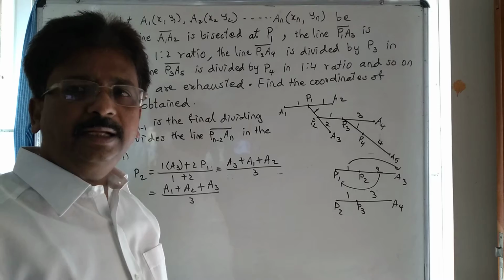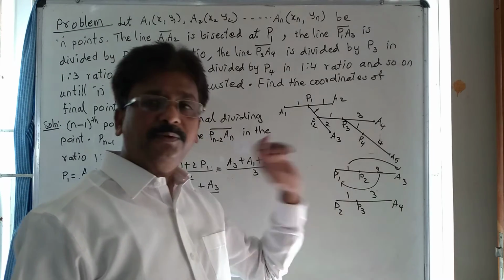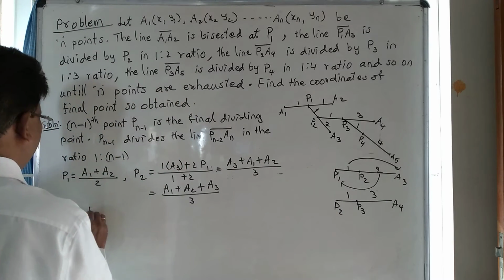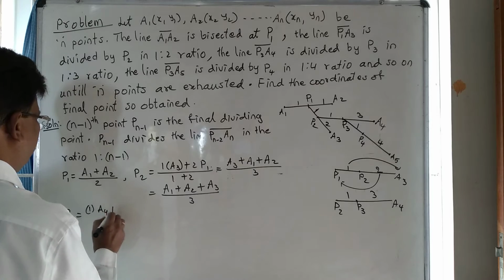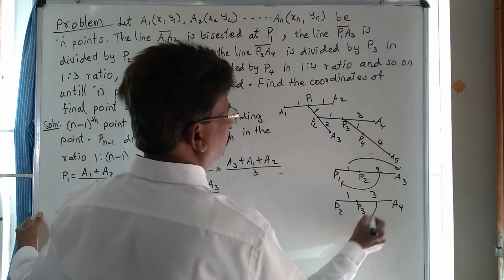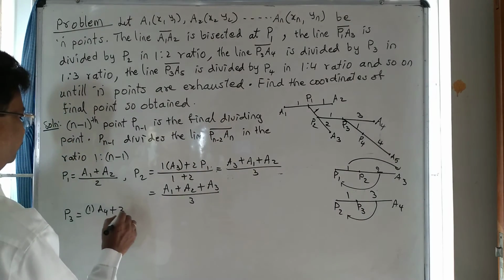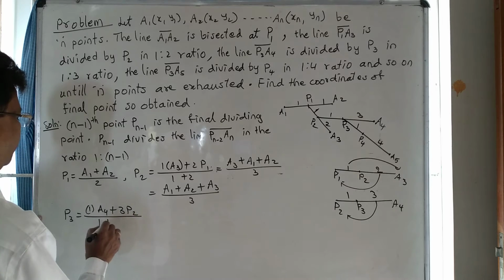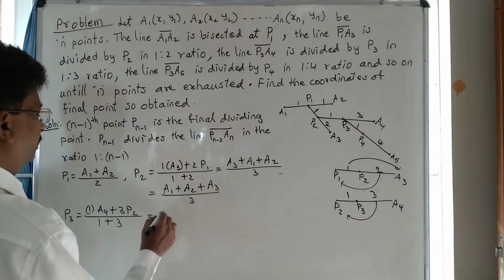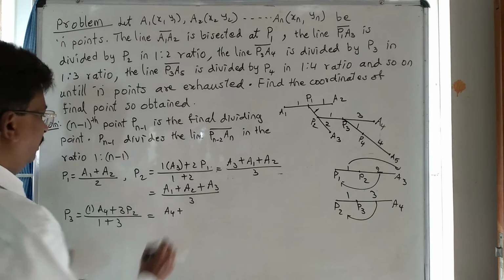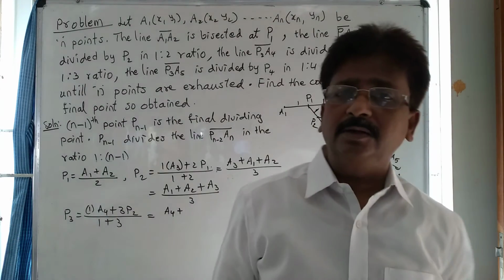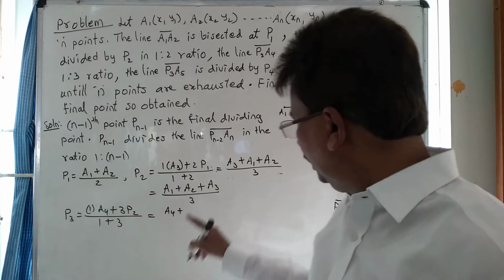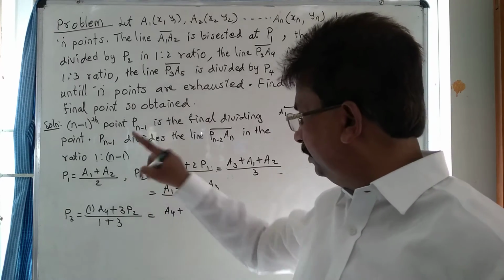Now P3 we can write as 1 into A4 plus 3 into P2 by 1 plus 3. A4 is A4, but 3 into P2, can you see the 3 into P2 here?